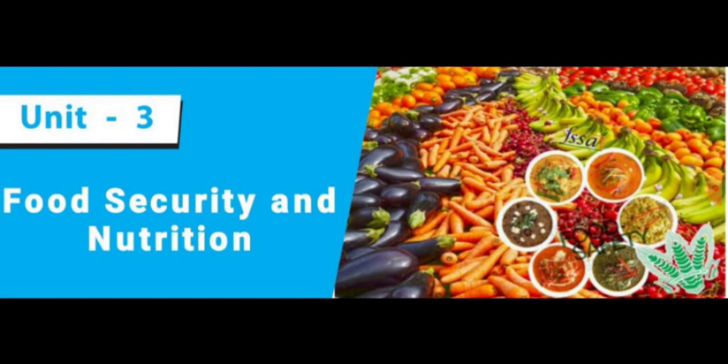High yielding variety seeds of wheat, rice and cereals were provided to the farmers. Through that, the farmers increased their production. The government also supported the farmers through MSP. MSP means minimum support price.